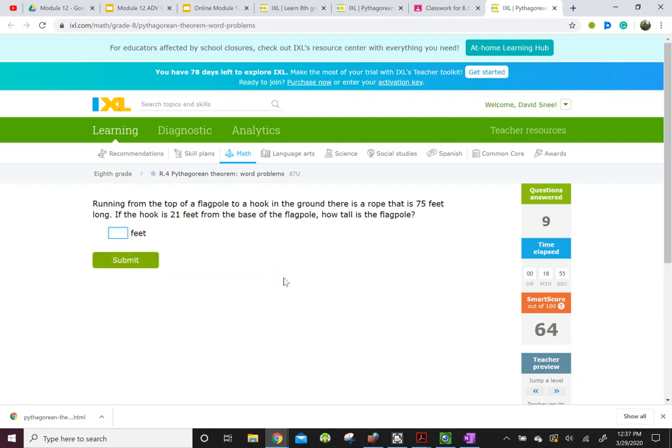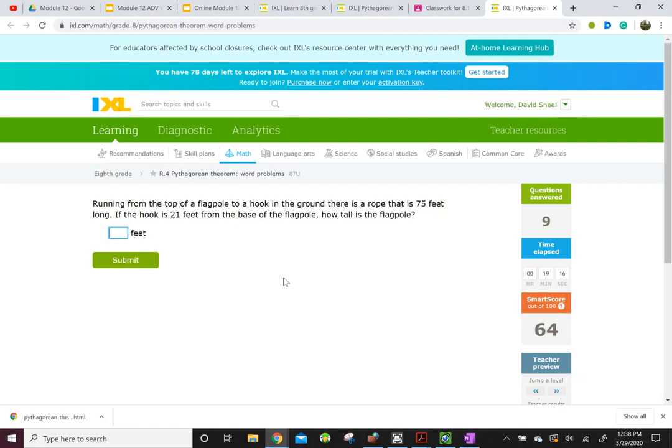Alright, running from the top of a flagpole to a hook in the ground, there's a rope that is 75 feet long. Okay, so I've got a flagpole. We've got a 75-foot rope.